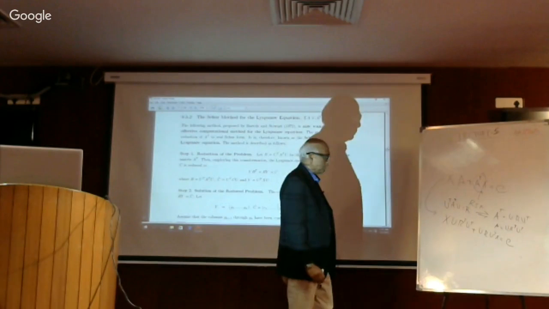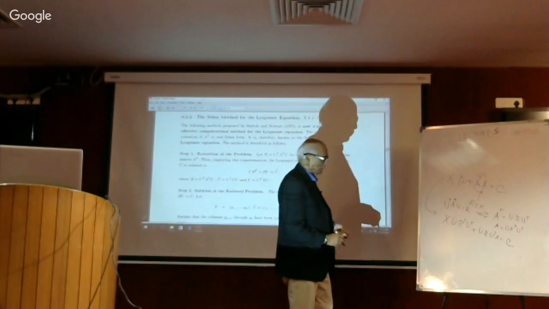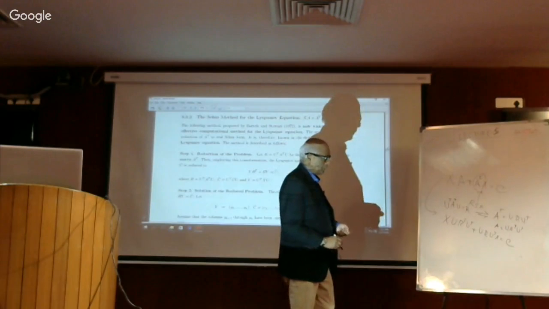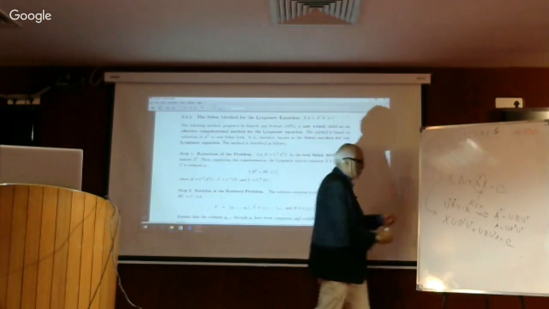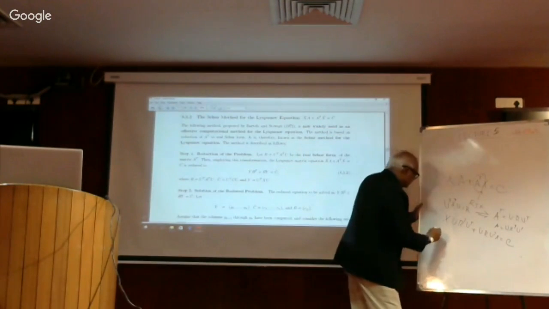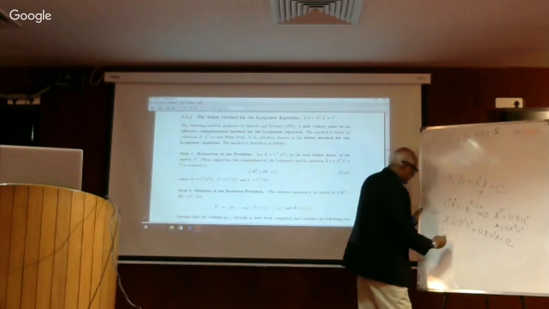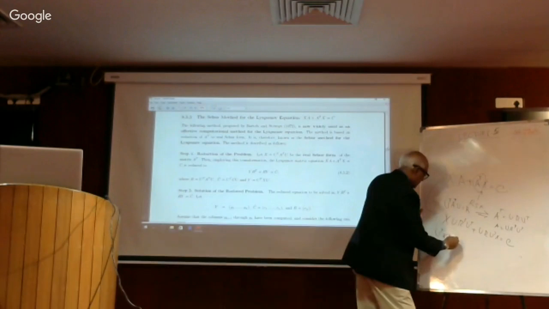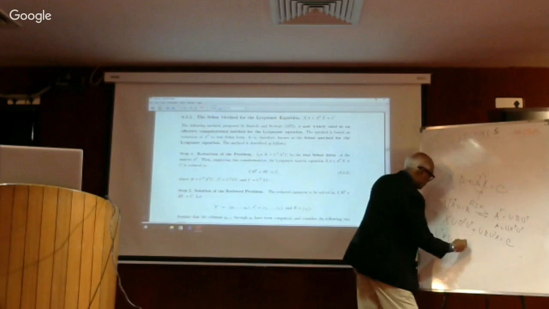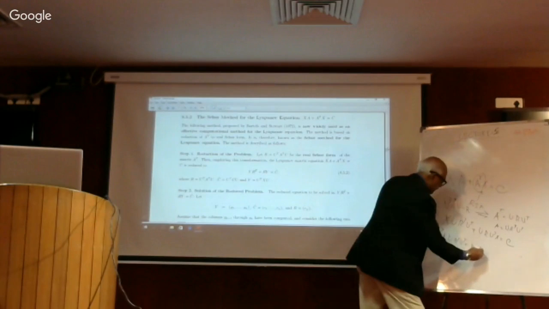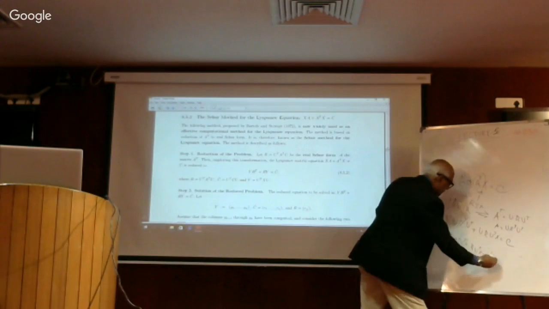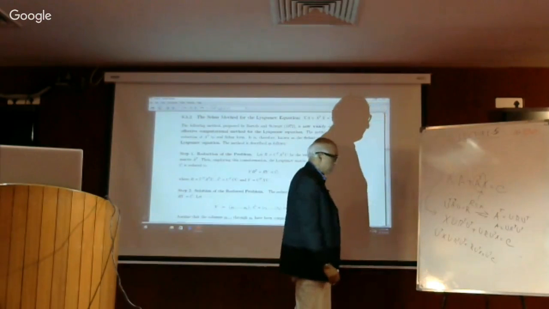Now do the following. Multiply both sides by U transpose, to the left. And so if you multiply both sides by U transpose, we get U transpose X U R transpose plus R U transpose X. Right?